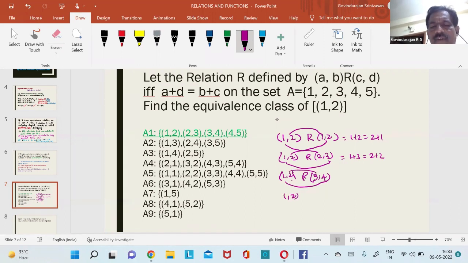And also (1, 2) is related to (4, 5), because 1 plus 5 is equal to 2 plus 4. All are equal. So I think these are the elements related to (1, 2) from the set A cross A, which contains ordered pairs.